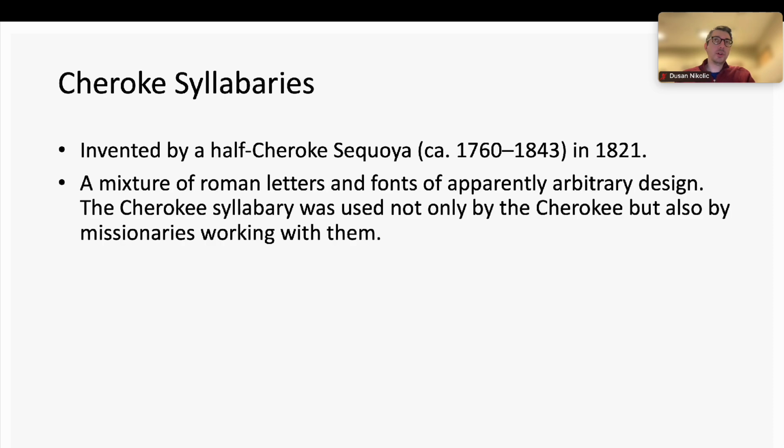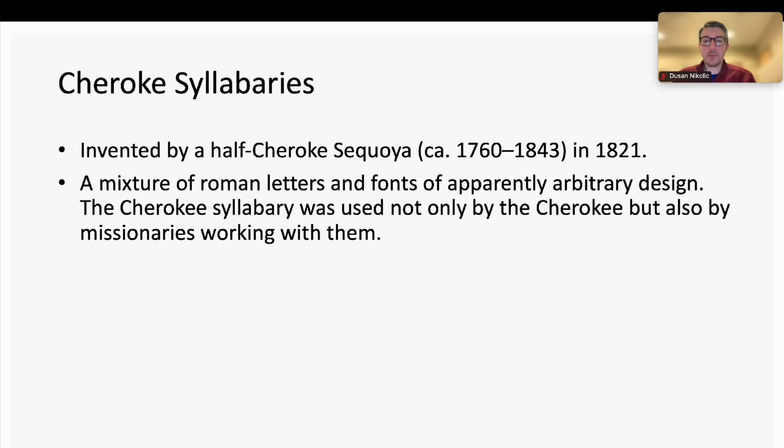So he wanted to have something similar, and he developed a syllabary, a mixture of Roman letters and fonts of apparently arbitrary design. If you see the Cherokee syllabary, you can notice that certain symbols are similar to the Roman alphabet that we are using today.